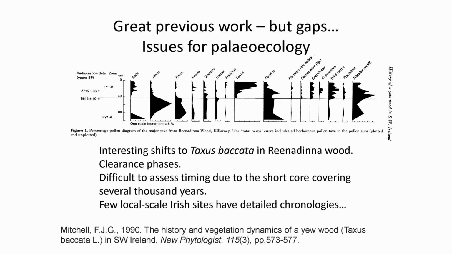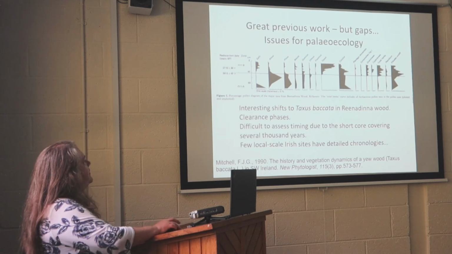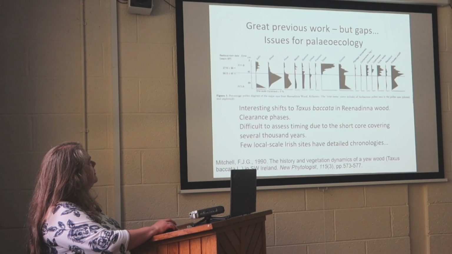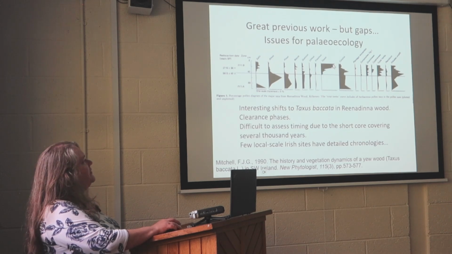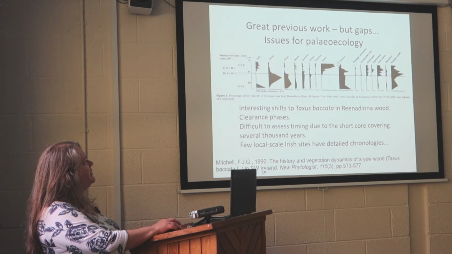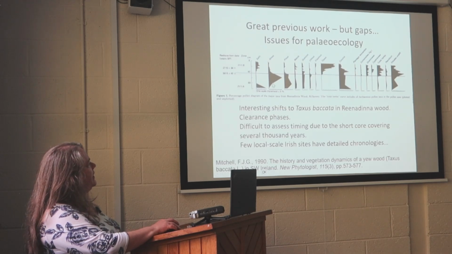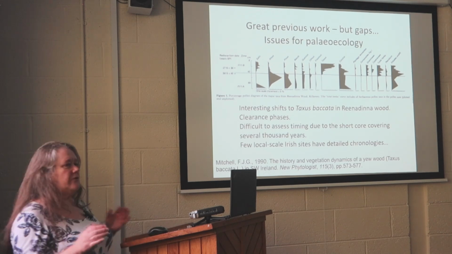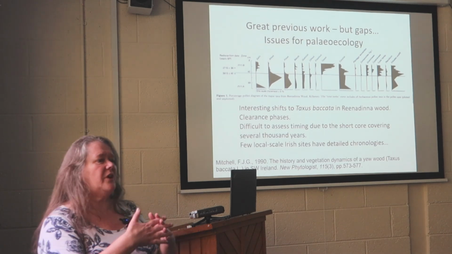What's really interesting is that this is yew, Taxus, and we can see that for a long time there was no yew pollen, and then yew pollen started to appear in the diagram and increase a lot. And things like pine and alder decreased. So we have a real switchover of woodland at a particular point in time.